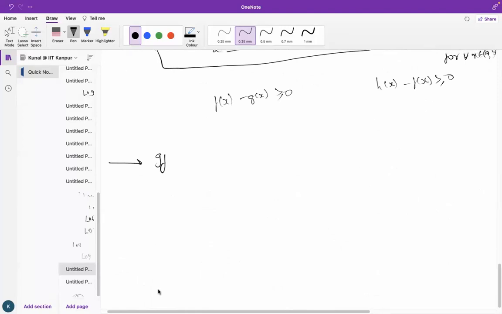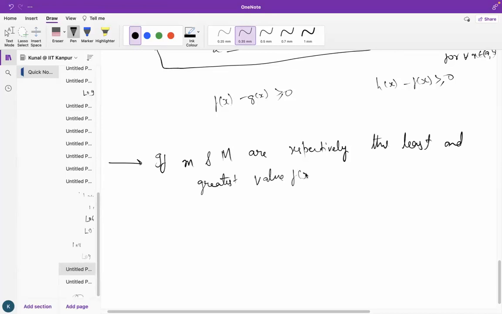Okay, so this is our second noted point, which looks like this: if small m and capital M are respectively the least and the greatest value of f of x in x belongs to a to b, then first try to understand what this statement tells.